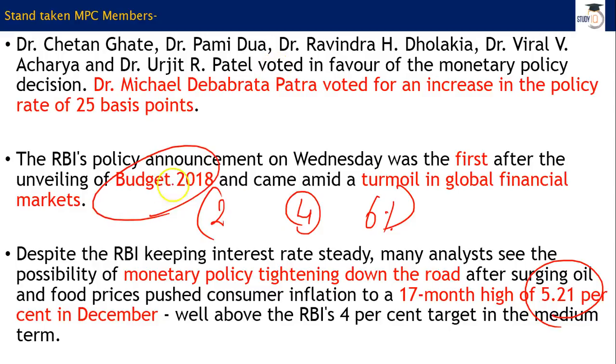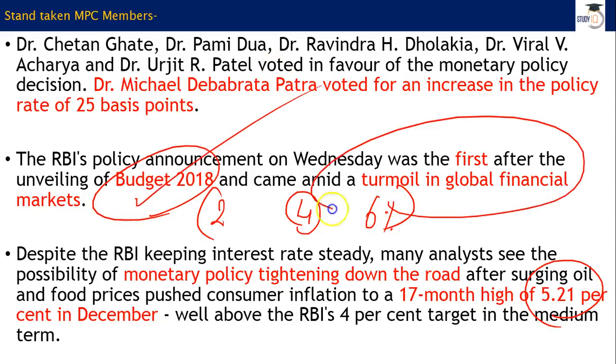And as I told you, this is the first bi-monthly policy after Budget 2018, and the way global turmoil is going on at present. When I say global turmoil, I mean global financial markets. The Federal Reserve, or you can say the RBI of the USA, is a very good example here. It has decided to increase the bank rate, so it is going to pay you extra.